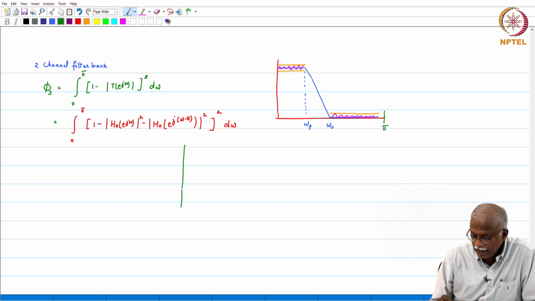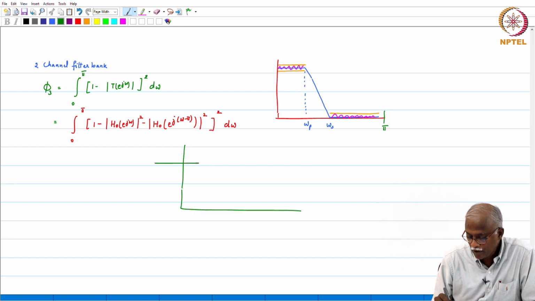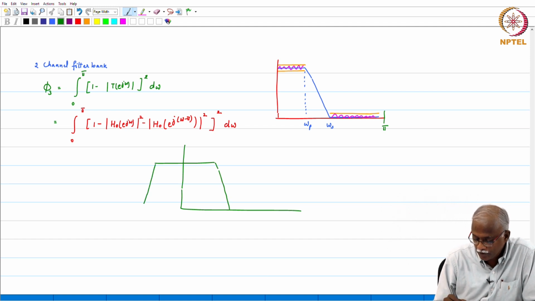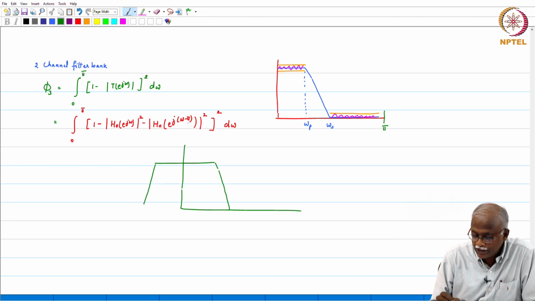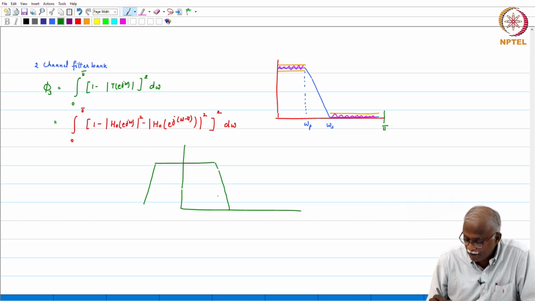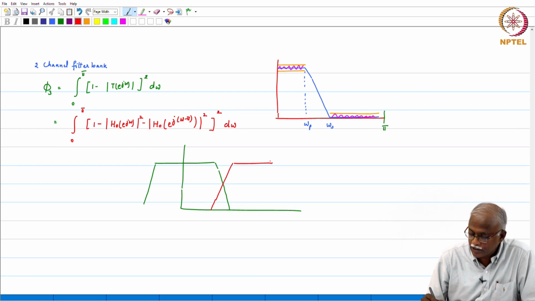We have H naught e^{jω}, which has a certain response, and we then have H naught e^{jω} shifted by π, and this frequency is π, and so this is the complete system scenario.